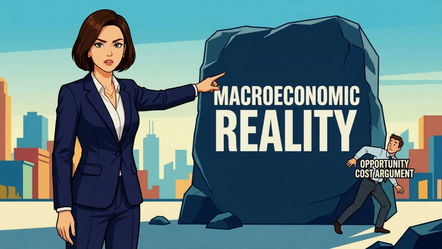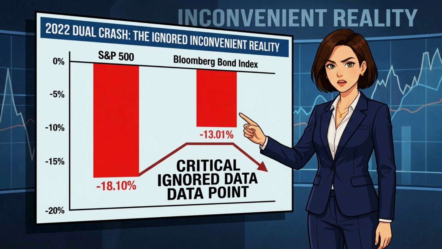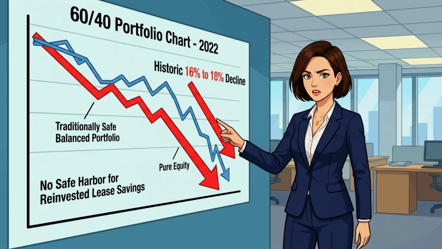There is also a macroeconomic reality that the opportunity cost argument conveniently ignores. During 2022, one of the most relevant recent data points, the S&P 500 fell 18.10%, while the Bloomberg U.S. Aggregate Bond Index fell 13.01%. The traditionally diversified 60-40 portfolio lost 16 to 18% in a single calendar year.